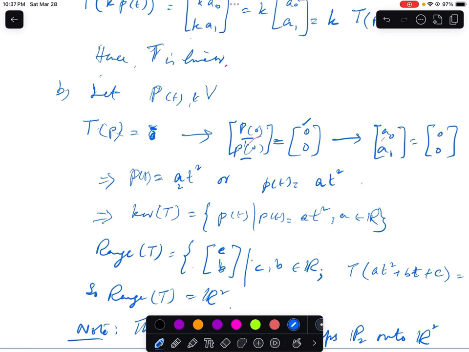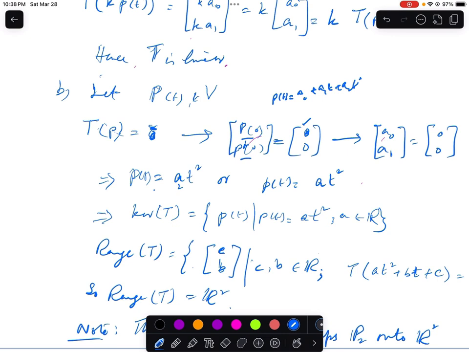What does that mean? It means if P looks like a0 plus a1 t plus a2 t squared, then P of 0 will be a0, and then P prime of 0 will be a1.